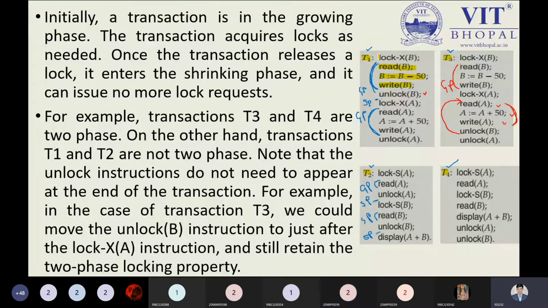In the transaction T1, I'm using the lock X B and inside this one, I'm using the read B operation and I'm performing an arithmetic operation, I'm writing B. So exclusive mode I'm taking, why? Because I'm using the read and write operation. So these three statements will be considered as a growing phase. So that's why it is mentioned over here GP. GP means just growing phase, for understanding purposes only. This is clear to all right now?